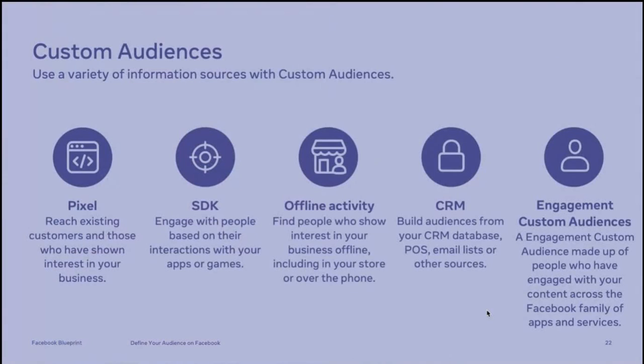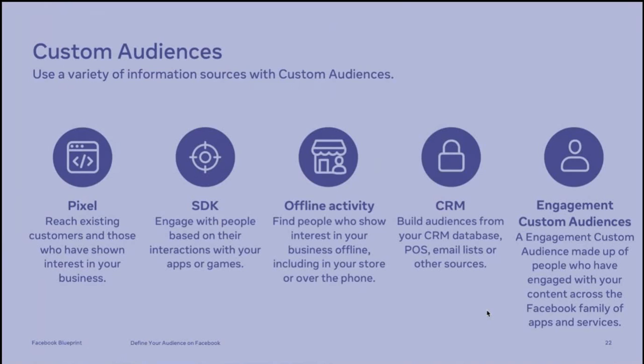So what you should do is create a custom audience. There are a variety of sources that you can use to create your custom audience. You can create a custom audience out of people who are coming to your website with the help of the Pixel data source. You can create a custom audience based on how people are behaving or interacting on your app with the help of the Facebook SDK. You can also create a custom audience based on what kind of people are coming and interacting with you in your brick and mortar stores, or over phone calls, via offline conversion activity.